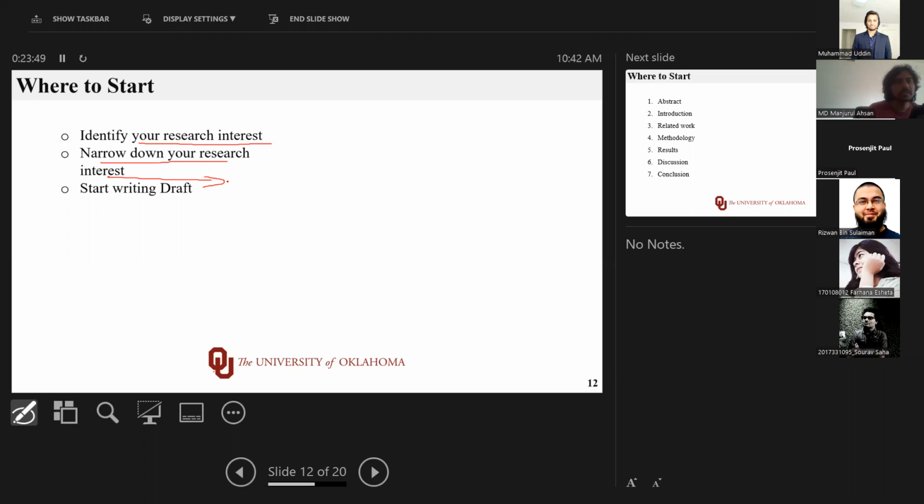But when you say that I want to see how, in the X part of the hand, P and Q proteins react, you are defining the X part of your body and exactly the proteins P and Q and how they're reacting. So this is more specific.